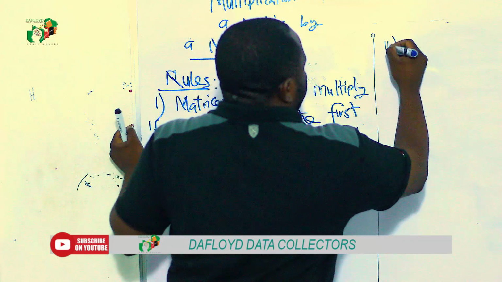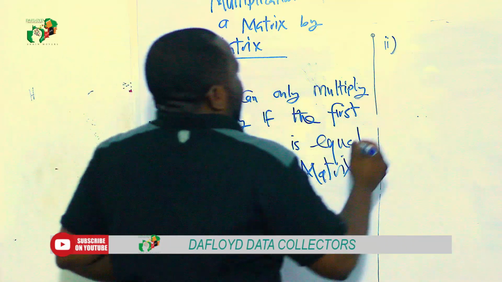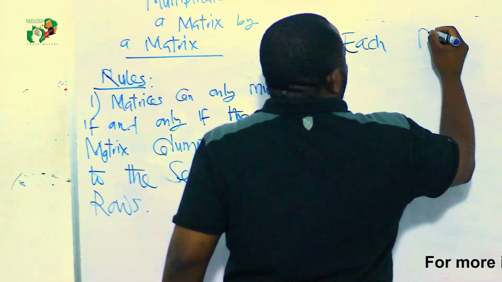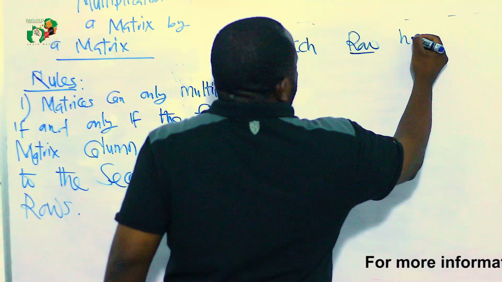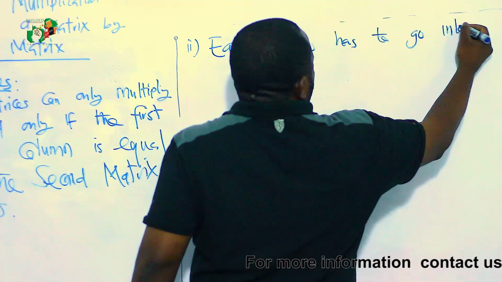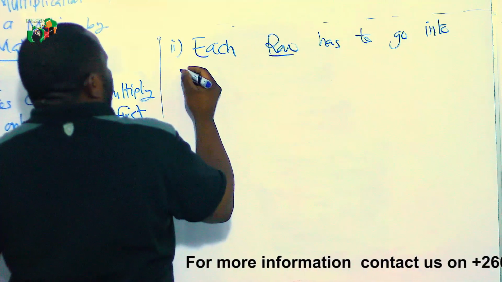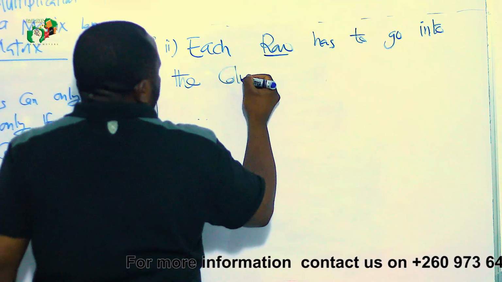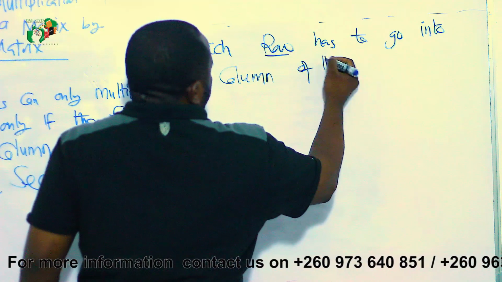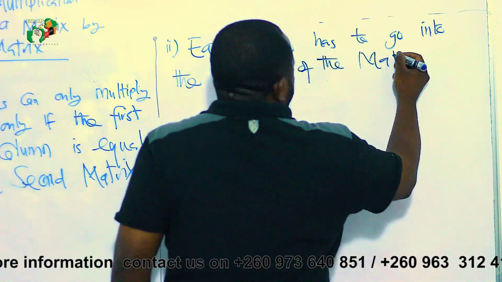Number 2, each row has to go into the column of the matrix.